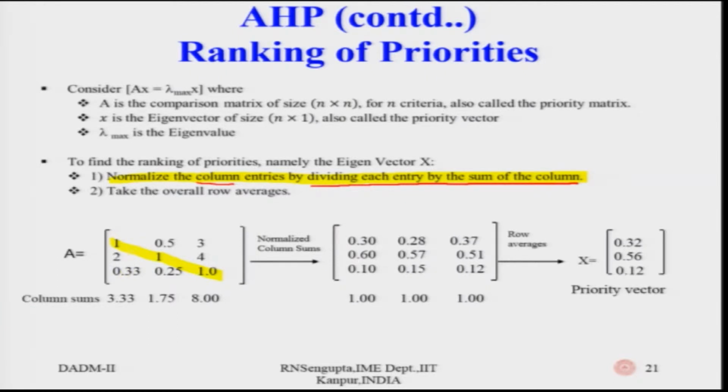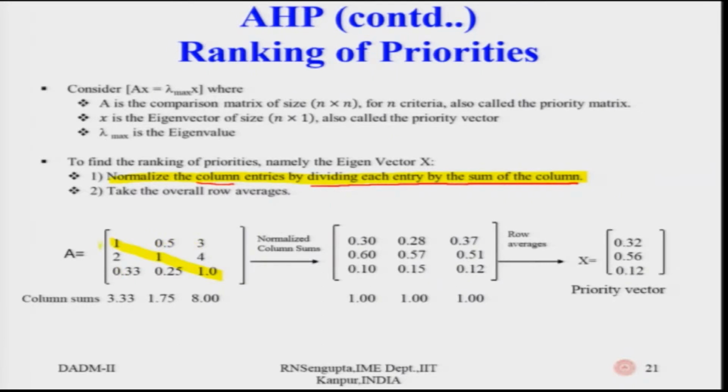And when you compare the values of criteria 1 to criteria 2, you will have a value of 2, and on the other side it will be 1 by 2 which is 0.5.